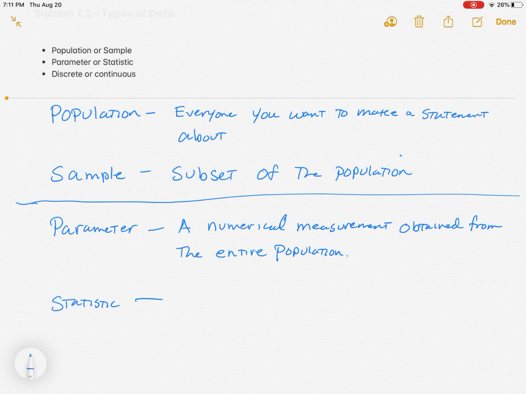And a statistic is a numerical measurement obtained from a sample.